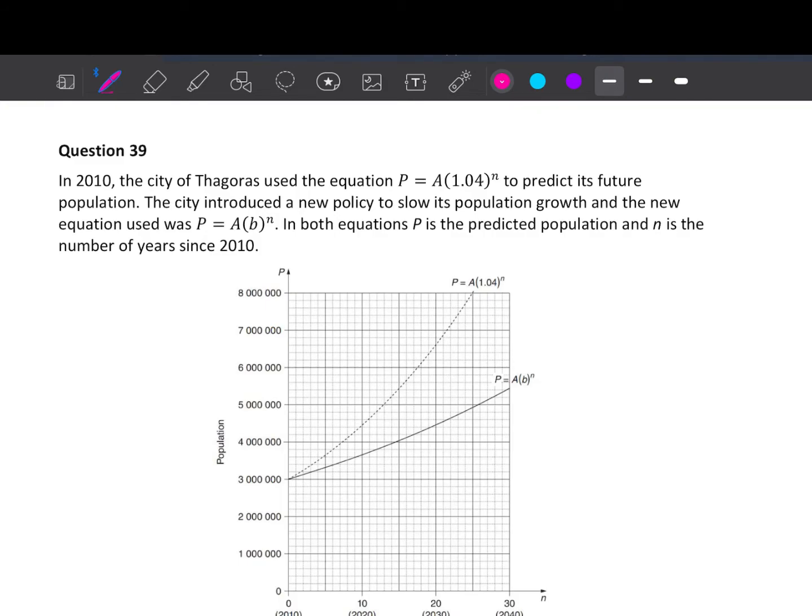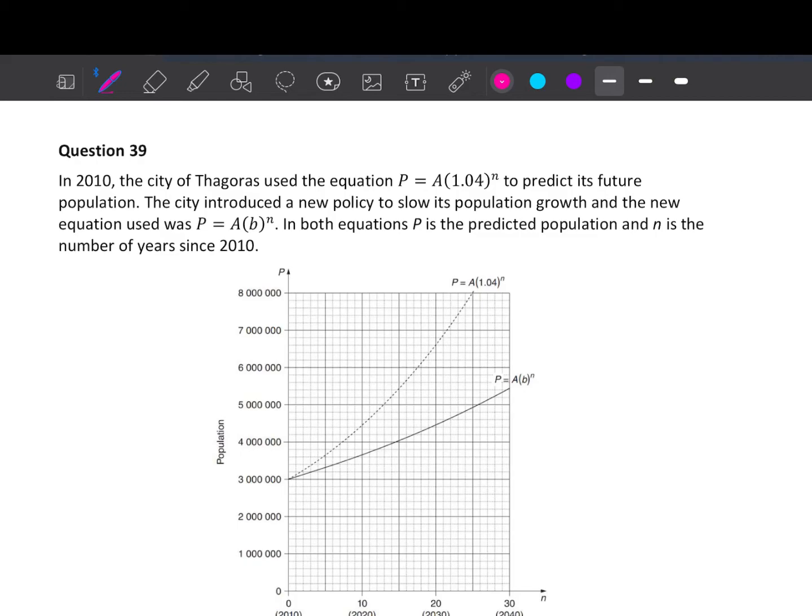In 2010, the city of Pythagoras used the equation P is equal to A(1.04)^n to predict its future population. The city introduced a new policy to slow its population growth, and the new equation used was P is equal to A(B)^n. In both equations, P is the predicted population and n is the number of years since 2010.